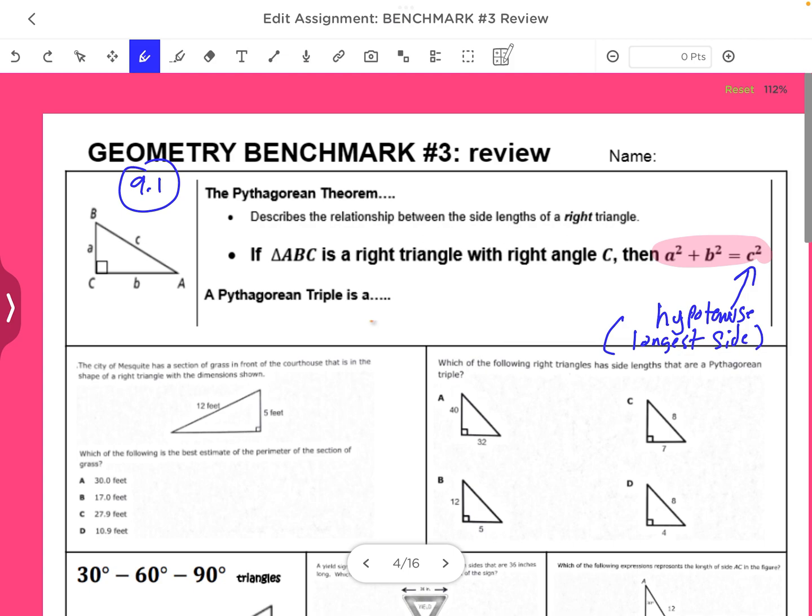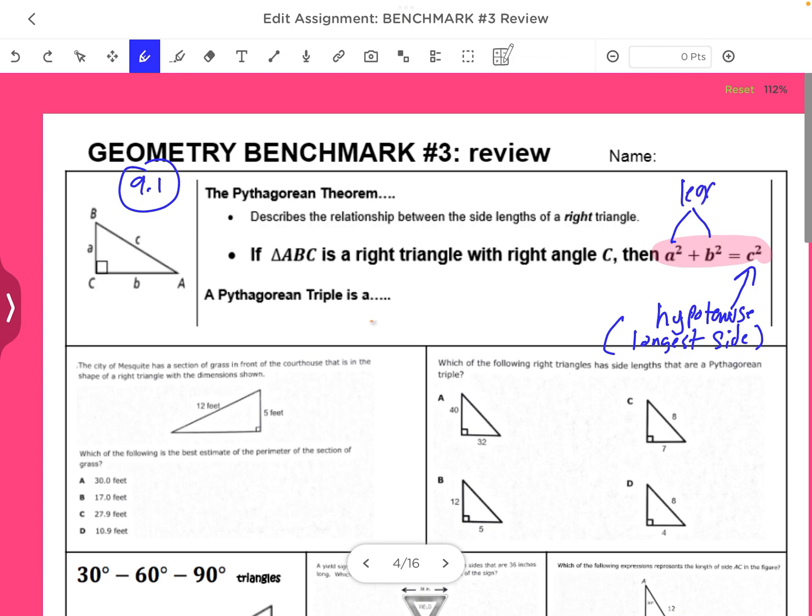So that's the hypotenuse over there, and those other two are called the legs. Let's draw that. Those are called legs.